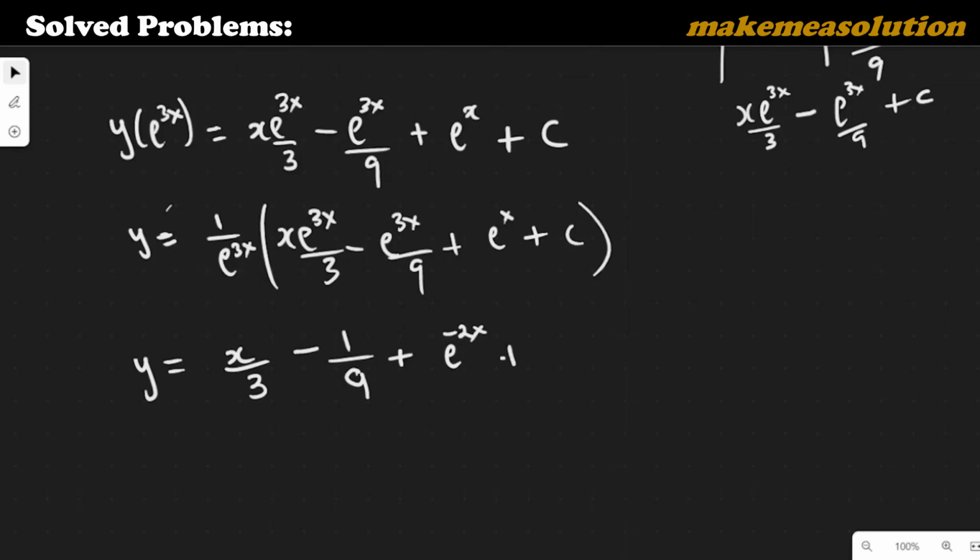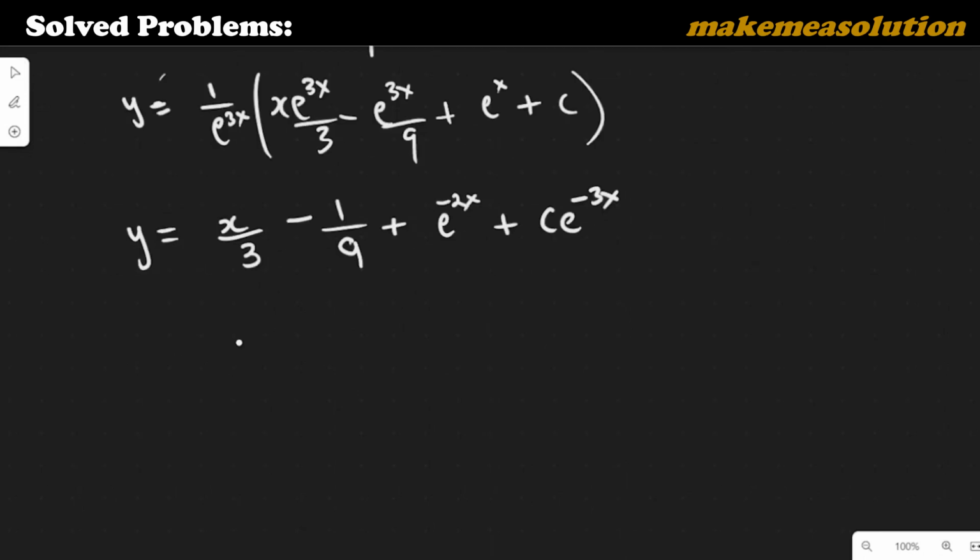Then plus c divided by exponential 3x is actually c exponential minus 3x when you follow your law of indices. Okay, so we're going to factor out 1 over 9. Of course someone can leave his answer like this, but you can factor out 1 over 9. Let's do that together. So y is equal to 1 over 9.